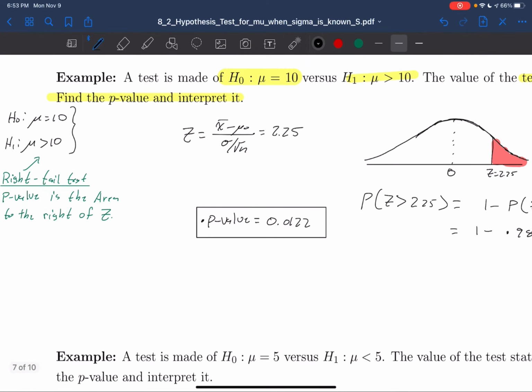But here we're missing a small part. We want to interpret what this p-value means.